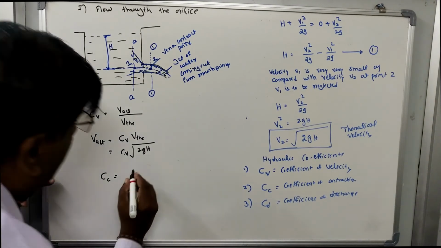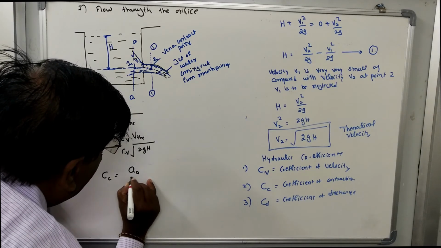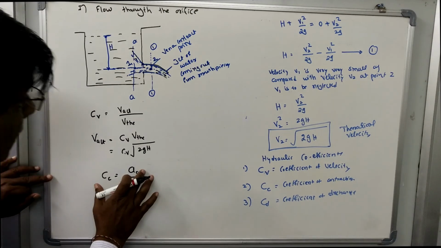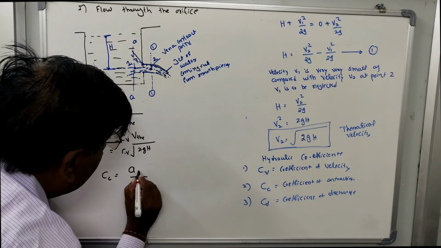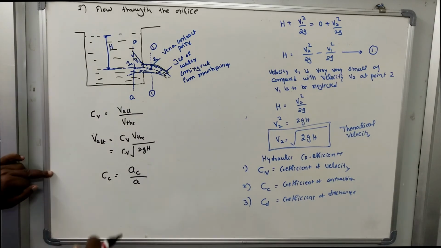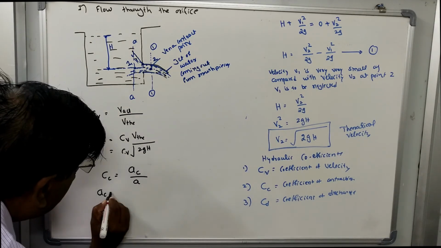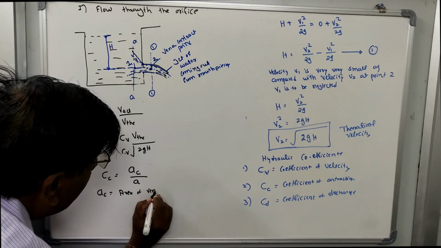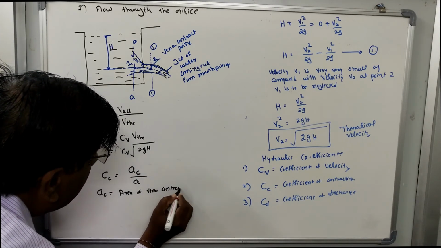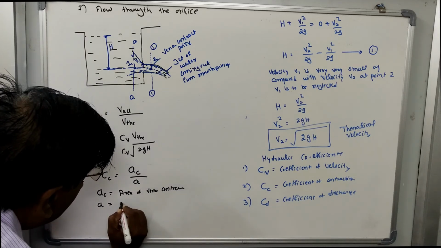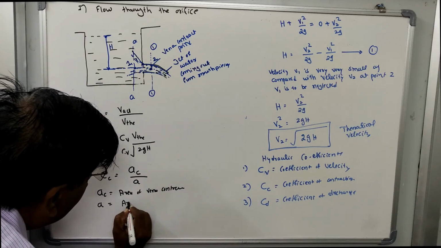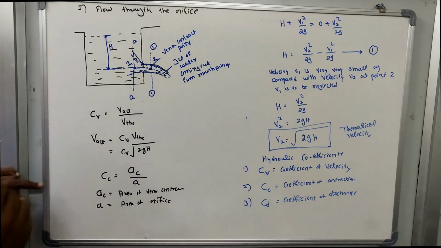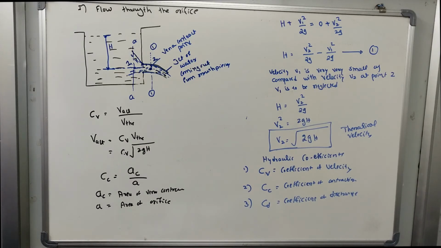That is AC divided by A, where AC is the area of vena contracta and A is the area of the orifice. This ratio is called coefficient of contraction.